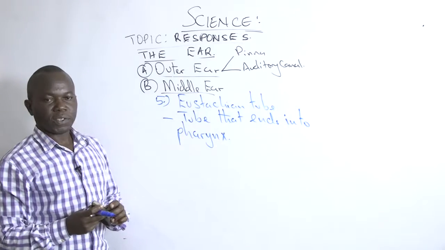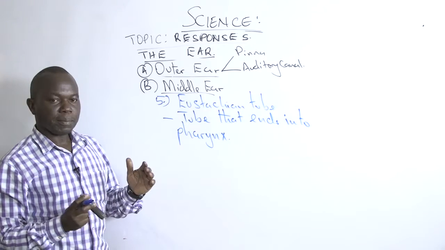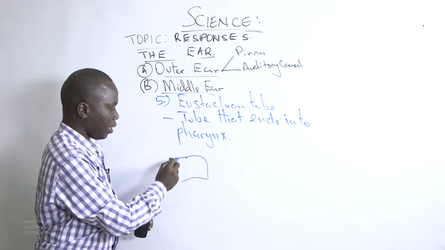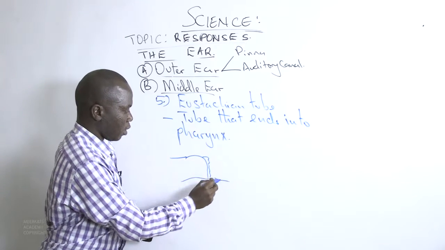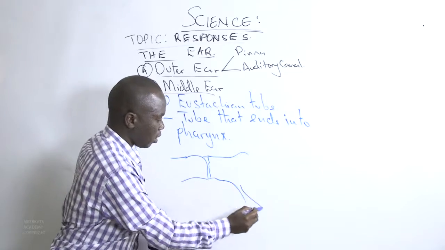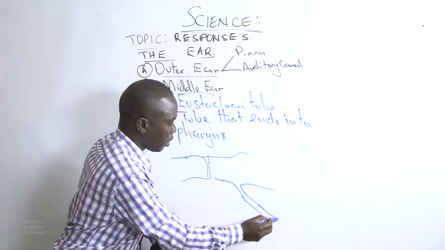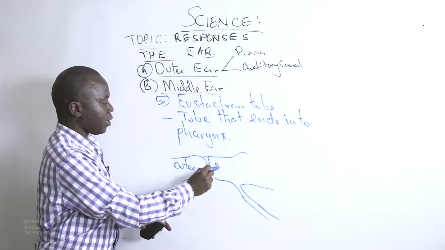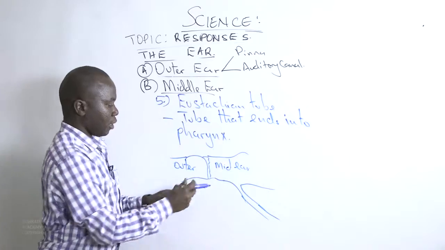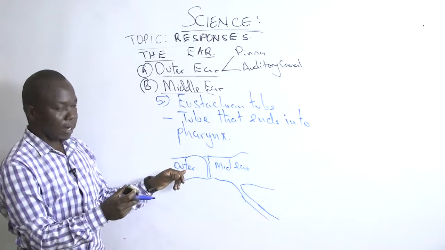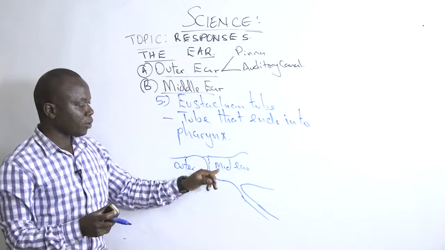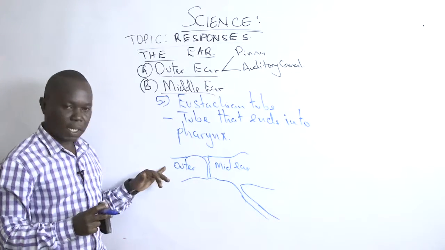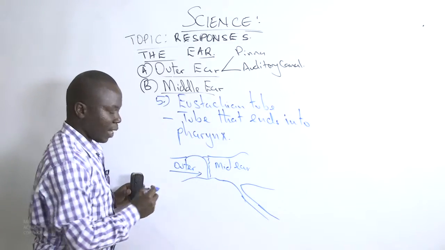So what is the role of the Eustachian tube? Sometimes the pressure in the middle ear, this is outer and then mid ear. The pressure inside the mid ear and outer ear is supposed to be equalized. It's supposed to be the same. But sometimes the outer pressure could be higher.